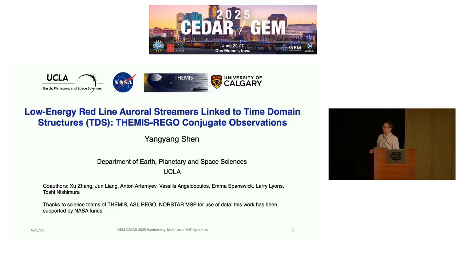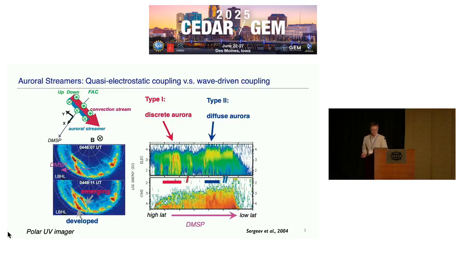I'm going to talk about the low-energy red line auroral streamers and their potential linkage to the wave-particle interactions in the magnetosphere involving time domain structures, or TDS. So a previous study from Sergey et al. has shown that there were two types of particle precipitation associated with auroral streamers.